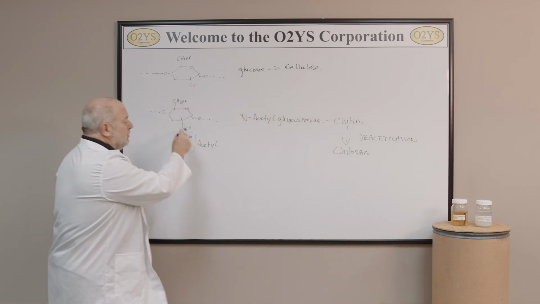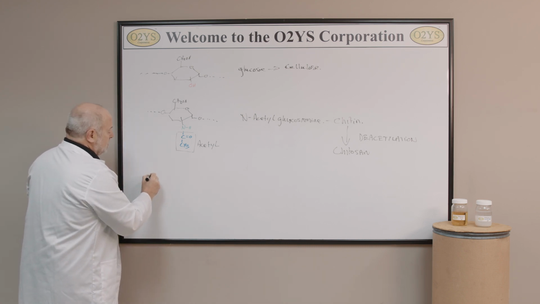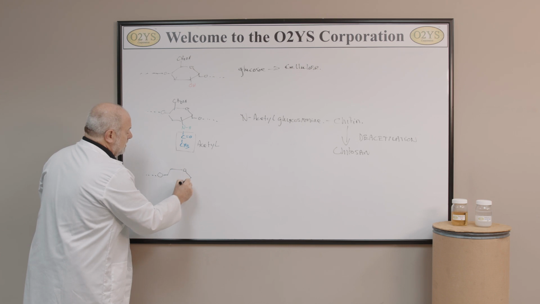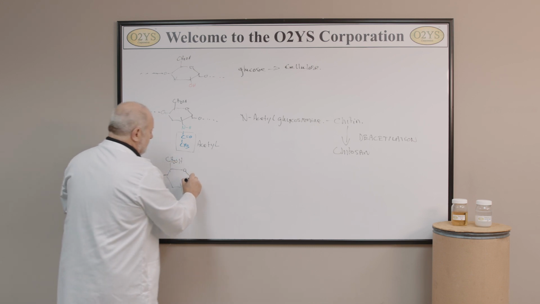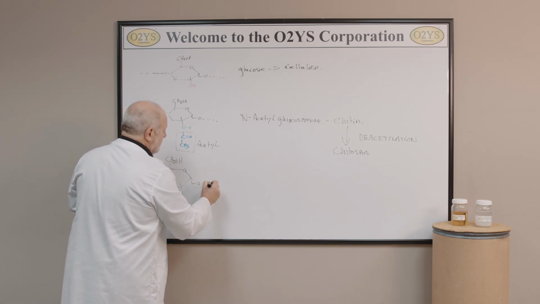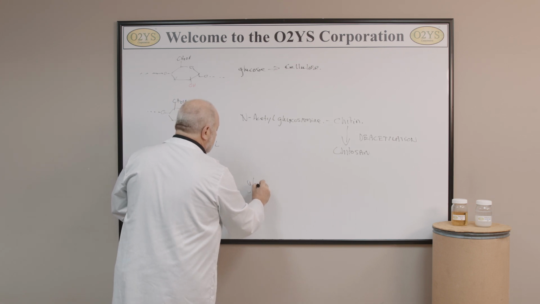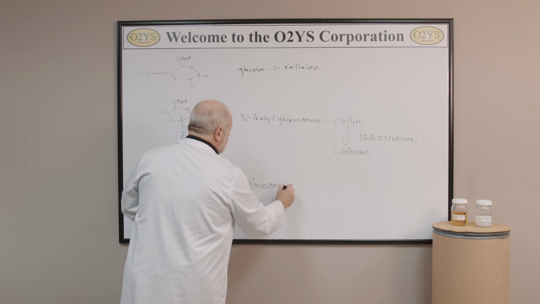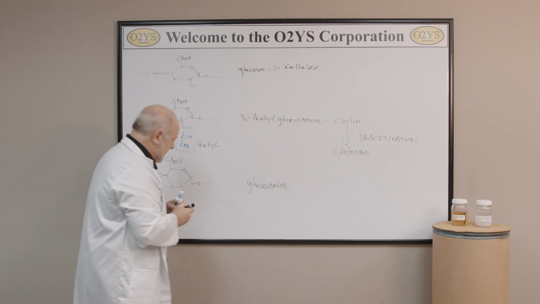So we're removing this acetyl group. If we look at that base structure, the material is now glucosamine, and that's related to chitosan.